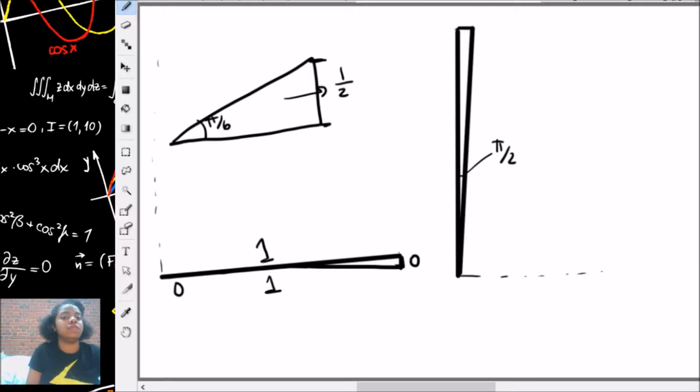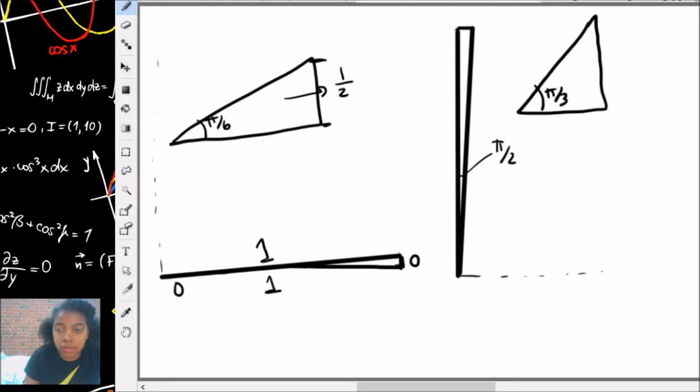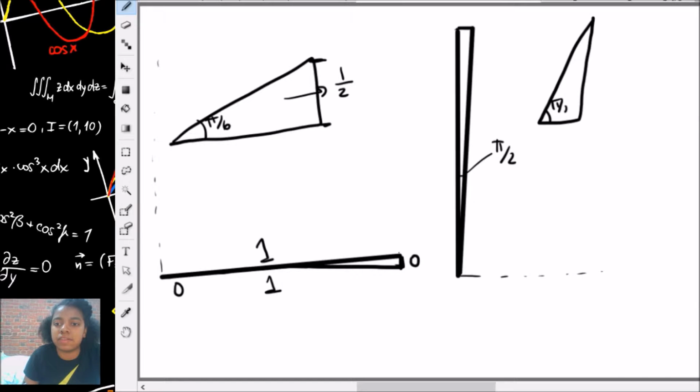And it's sort of a similar story, but sort of the opposite, for the 90-degree angle, the pi over 2. We know when we have the pi over 3 angle, the angle is pretty big. I'm not going to draw it like that because I always draw really weirdly. Pi over 3, right?